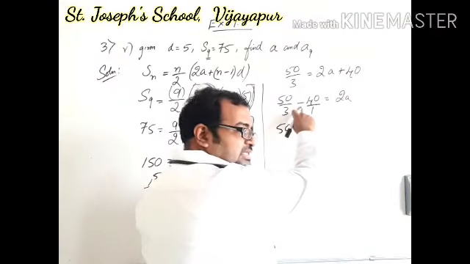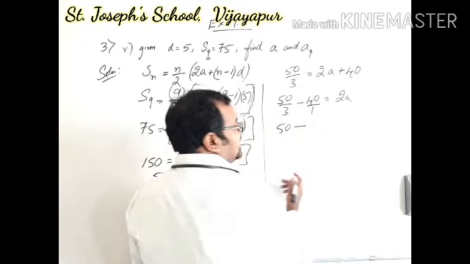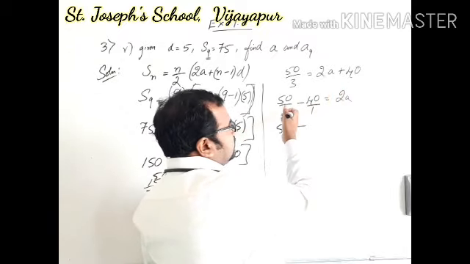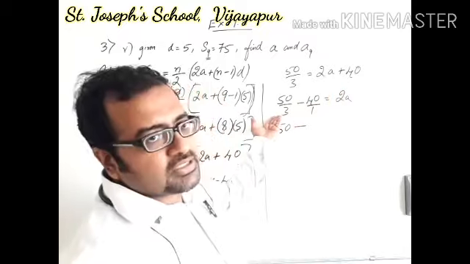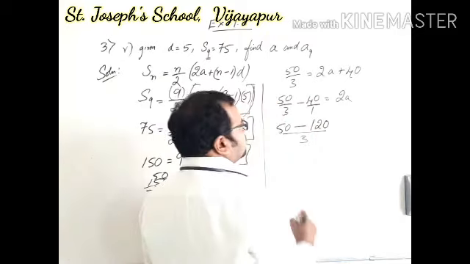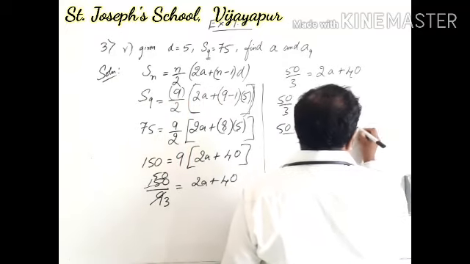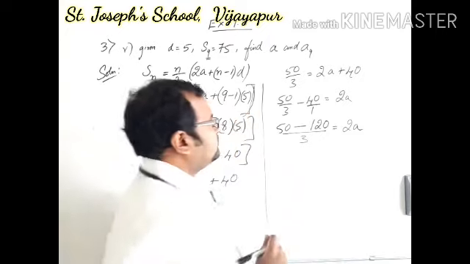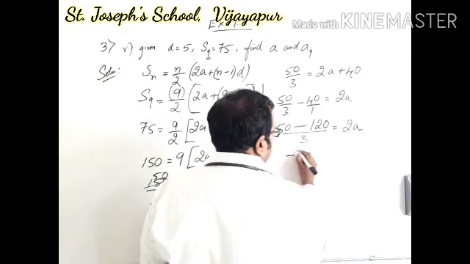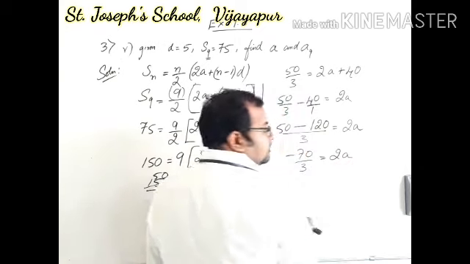The sign remains whatever is there: if it's plus, replace with plus; if it's minus, replace with minus. Then the right upper corner is multiplied with the left lower corner. So 3 into 40 becomes 120, divided by the product of the denominators, which is equal to 2a. Now 50 minus 120, the difference is minus 70 by 3, which is equal to 2a.